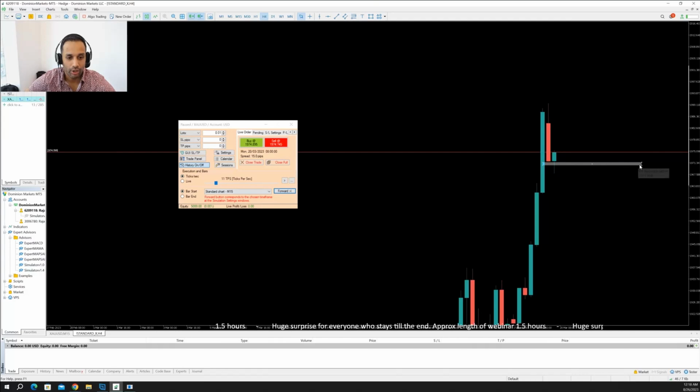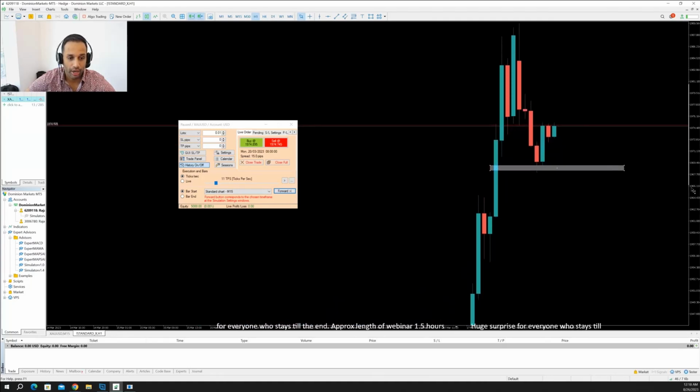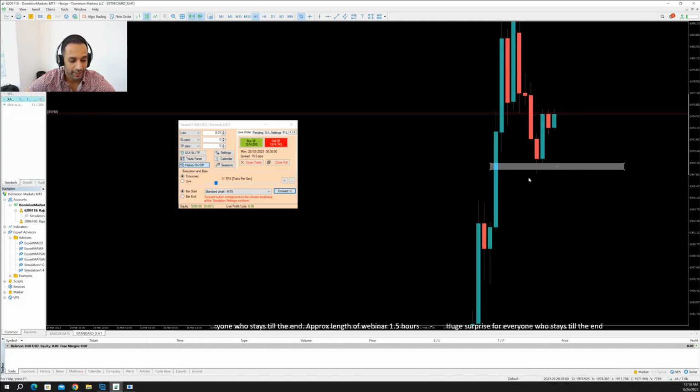Now, let's take a look on the 1-hour time frame and see what more information we can get. Looking at the 1-hour time frame, we can identify that we are creating a support, and at the same time, there's also a support being formed right over here on the 30-minute time frame as well.